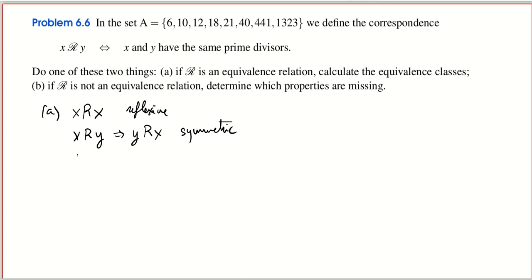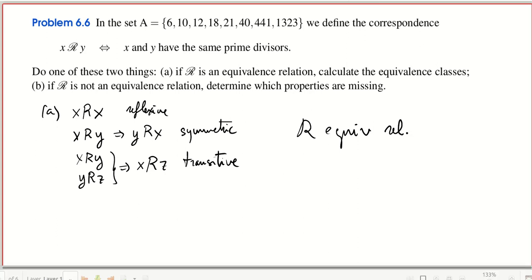And finally, if x has the same prime divisors as y and y the same prime divisors as z, then x has, of course, the same prime divisors as z, and then this is also transitive. So it's got the three properties of an equivalence relation, so R is an equivalence relation.